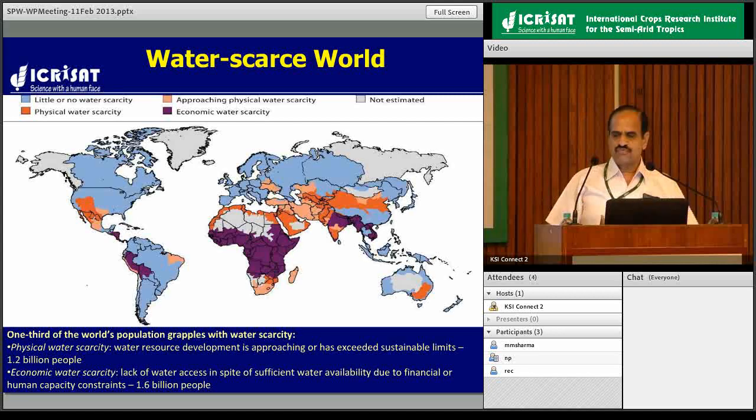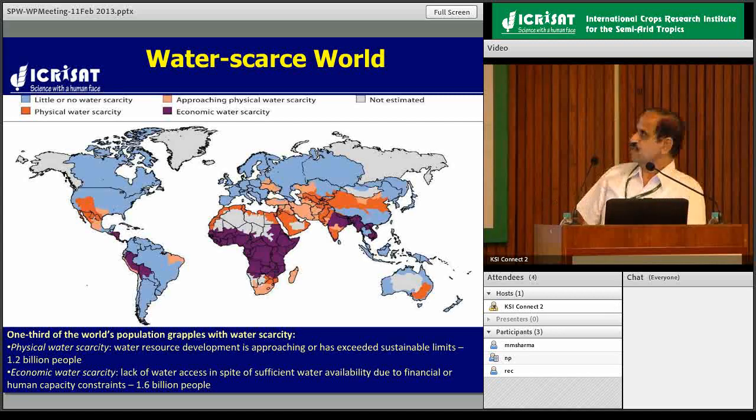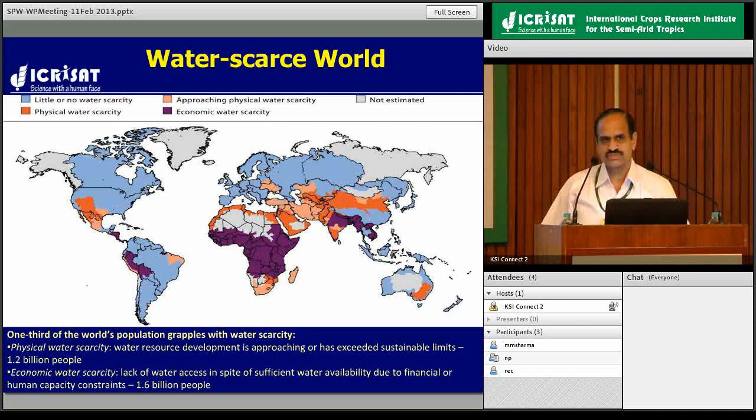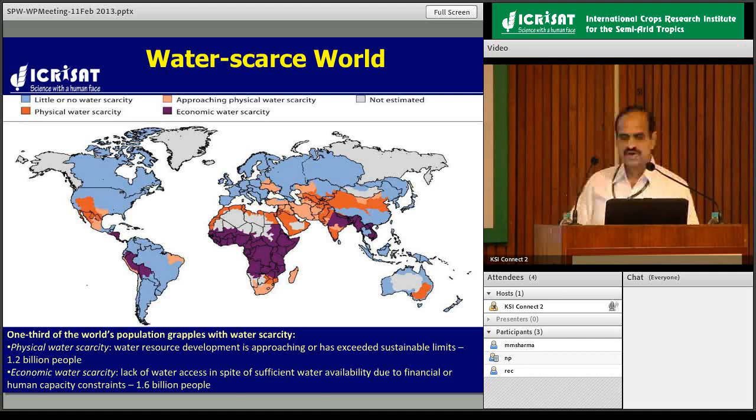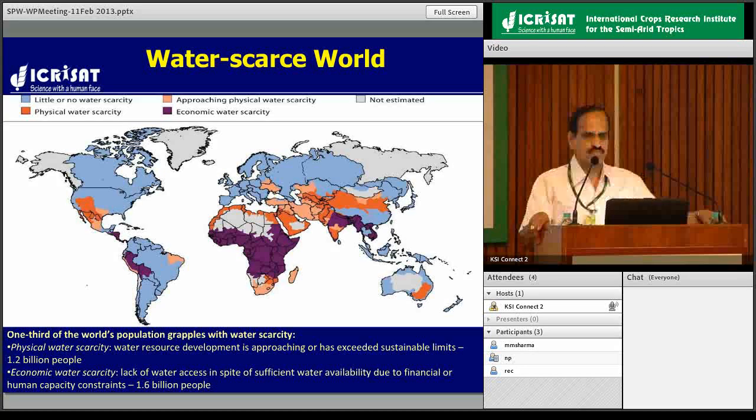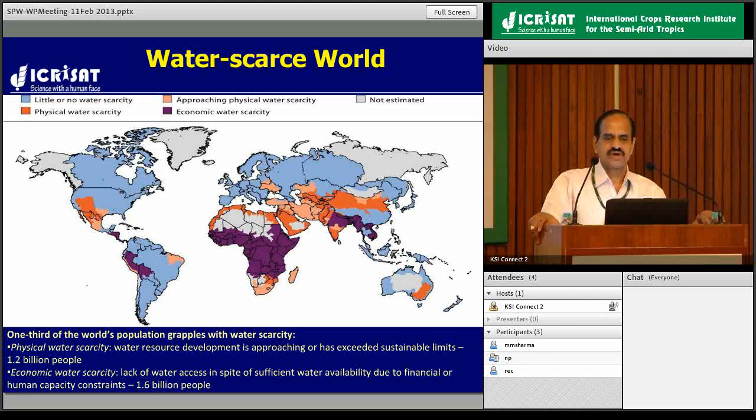All of us are well aware, this slide has been seen a number of times earlier, that one third of the population in the developing countries is facing physical scarcity of water, and also in the African region the population is facing economic scarcity of water, and the growing challenge of providing food security for an increased population, as well as changing food habits and demand from other sectors like ecosystems, domestic, industries, and for food production by agriculture.